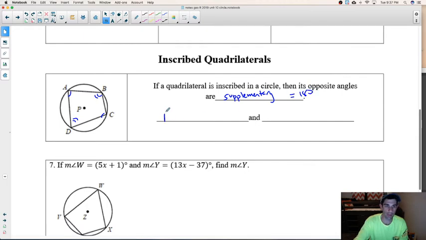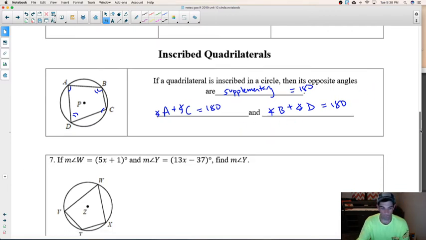So we just said it. We said A and C. So angle A plus angle C would give me 180. Then you have angle B and angle D. So angle B and angle D are equal to 180.